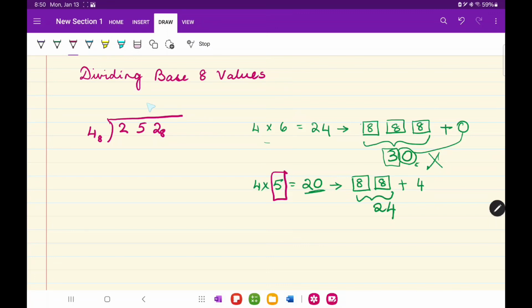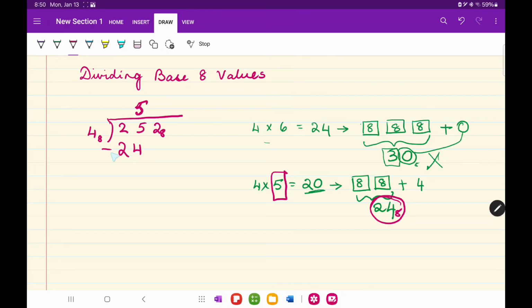The 5 goes up here as part of the quotient. This is a 5. And the 24, which I got in base 8 after converting 20, I'm going to write that below the 25.